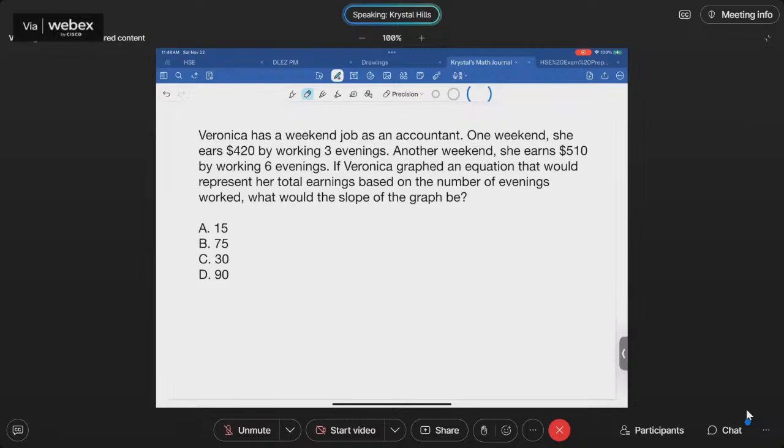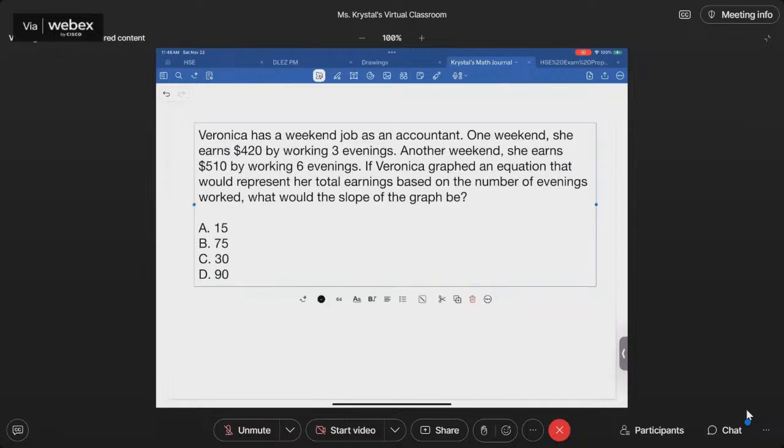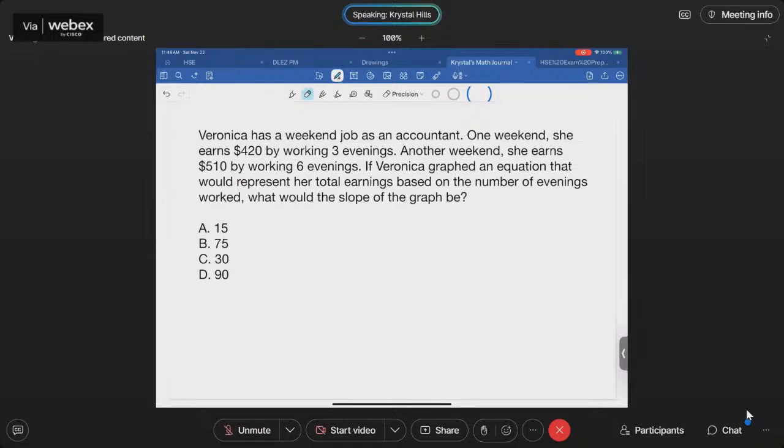I changed the names and things like that. So I want to know what your answer would be. This is a slope question. As you can see, it says slope of the graph. What is your answer?